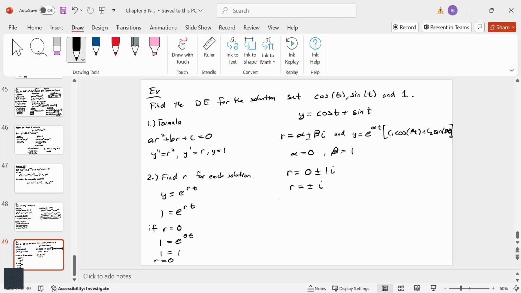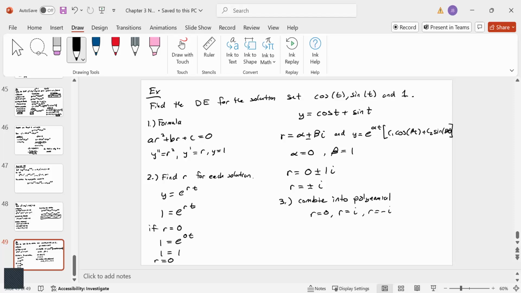And then step 3, after you've done all this, is combine into a function, so combine into a polynomial. So r equals 0, r equals i, r equals negative i. From there, we isolate each so that we get 0 on every single side.